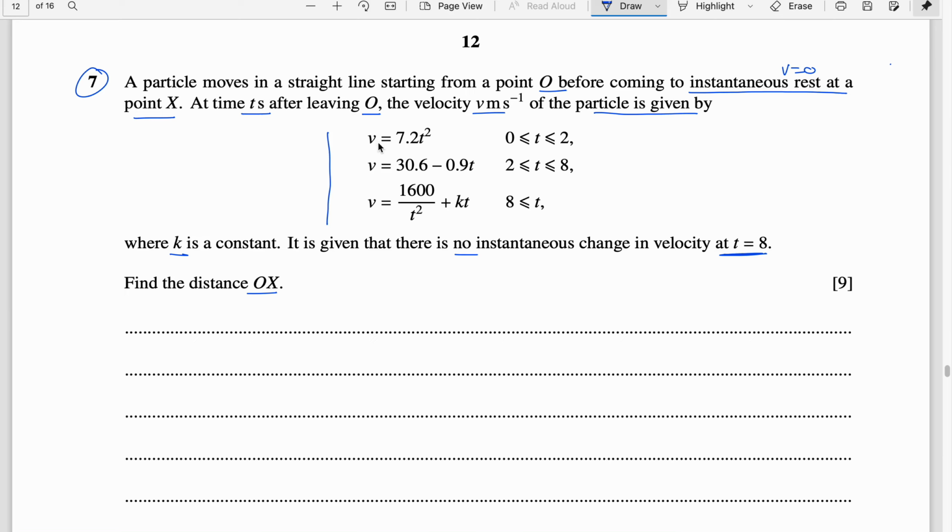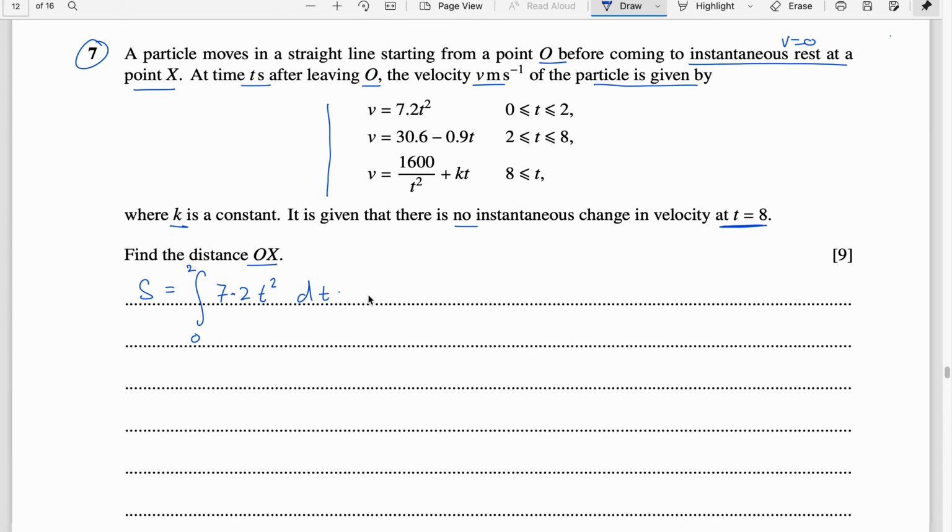So we will go for integration. When we integrate velocity, we get the equation of displacement. I'm integrating the first one, which is 7.2 t square, with limits from 0 to 2 with respect to t.